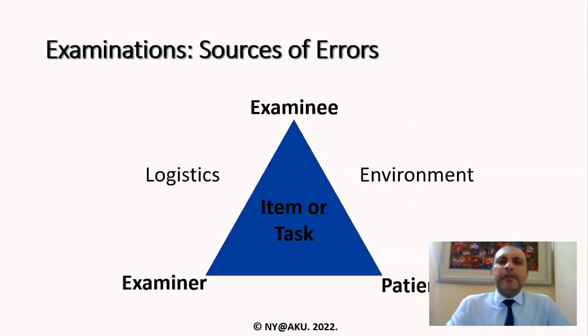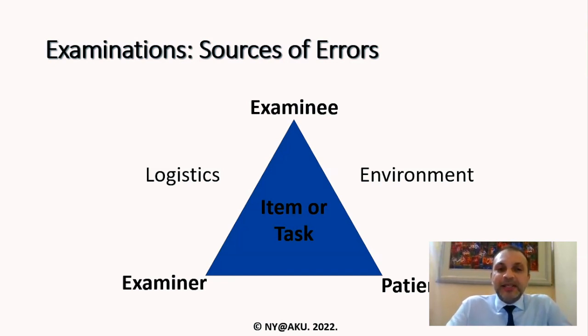So what are the different sources of error? And I have tried to put the sources of error in this diagram. So the sources of error can be related to the item, the task, the question itself. The language of the question may not be clear to many or more students.